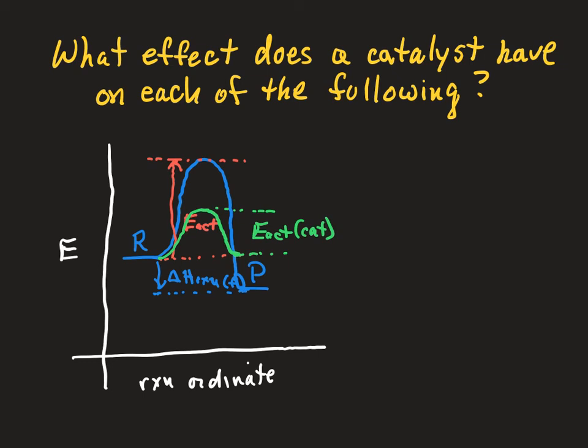And I shouldn't have done this. I think that's misleading, because really it should continue down, because we're continuing down to the same product level. So even in the presence of the catalyst, the delta H for the reaction is the same. That didn't change. The only thing that changed is we have a smaller activation energy barrier.